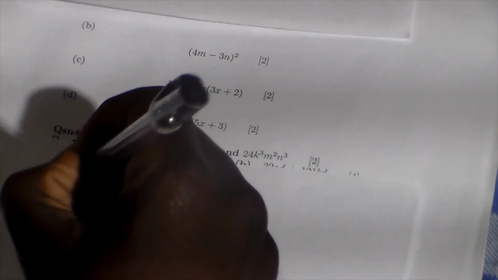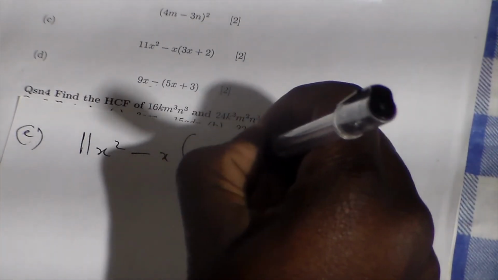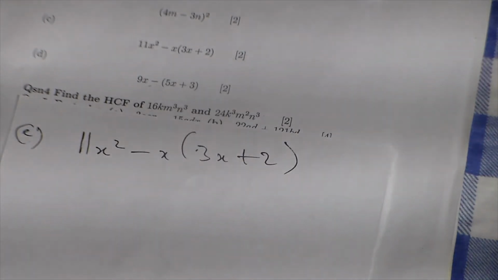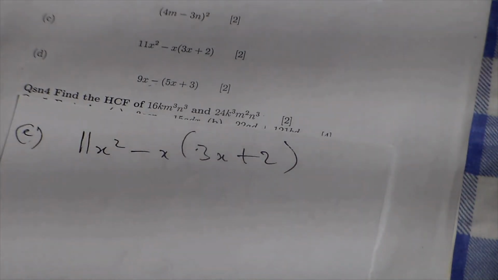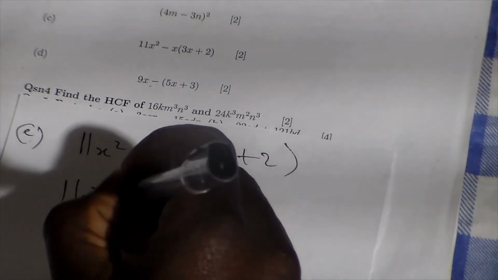Okay, then the part C was saying remove brackets and simplify, where we have 11x squared minus x bracket 3x plus 2 here. So what we will do is we'll remove these brackets.